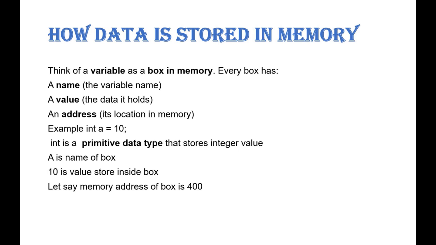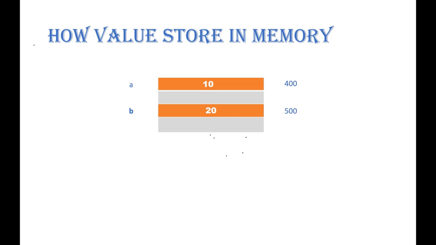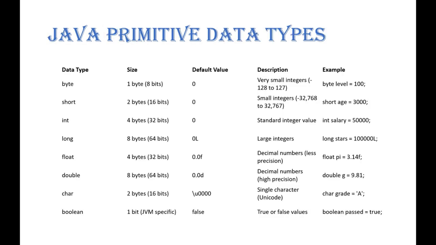So that memory location is 400. So it is like this: the name of the variable is a, it stores the value 10, and it is placed at some location named 400. Similarly, a container named b, or variable name b, holds the value 20 and is stored somewhere at location 500.